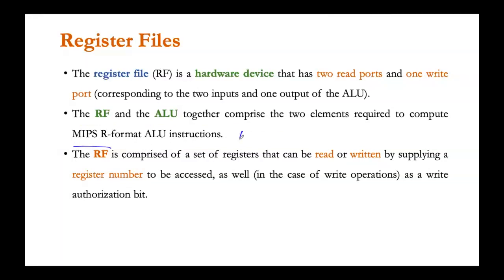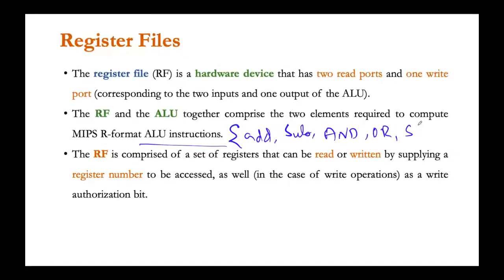R format means your arithmetic and logic instructions. We are considering add, subtraction, the AND operation, OR operation, and the set less than operation. This RF is comprised of a set of registers.